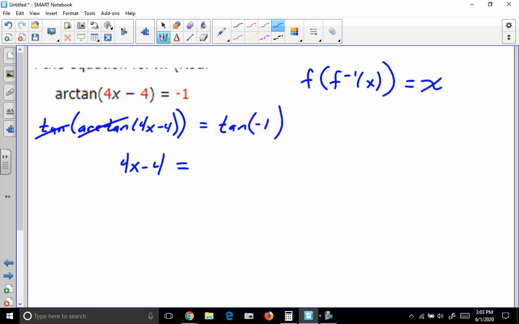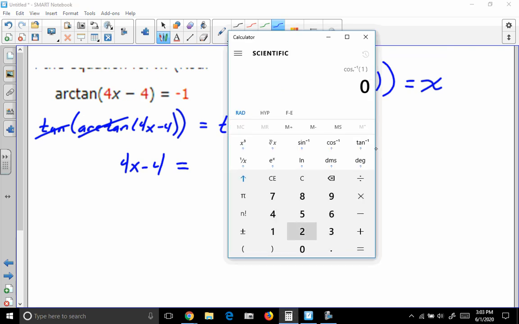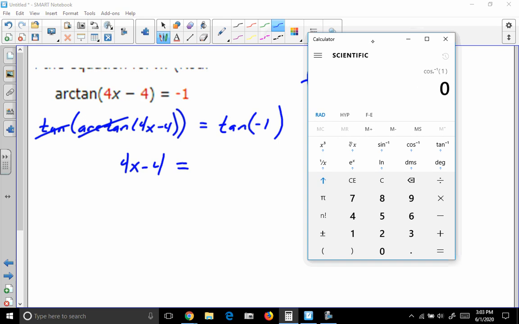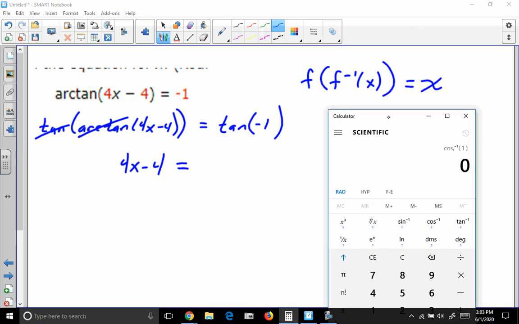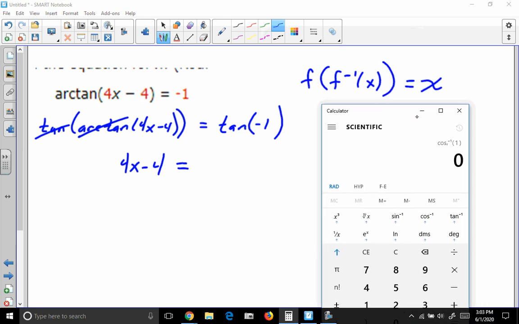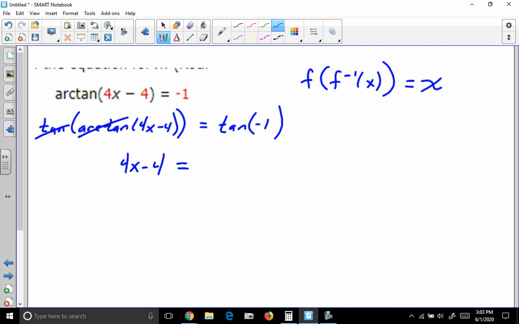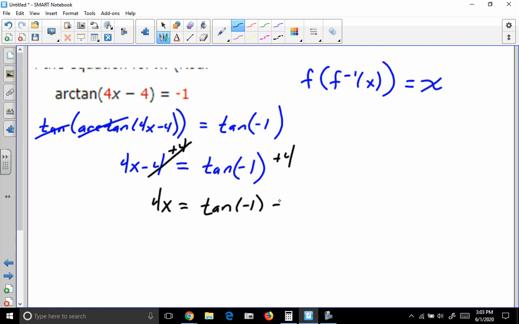and tangent of -1, if we put a -1 in, well, we're going to get a decimal for that, so let's not do that yet. Let's just leave that tangent of -1. That's in radians. So to get x by itself, add 4 to both sides. 4x equals tangent of -1 plus 4. And then you get x, divide both sides by 4.